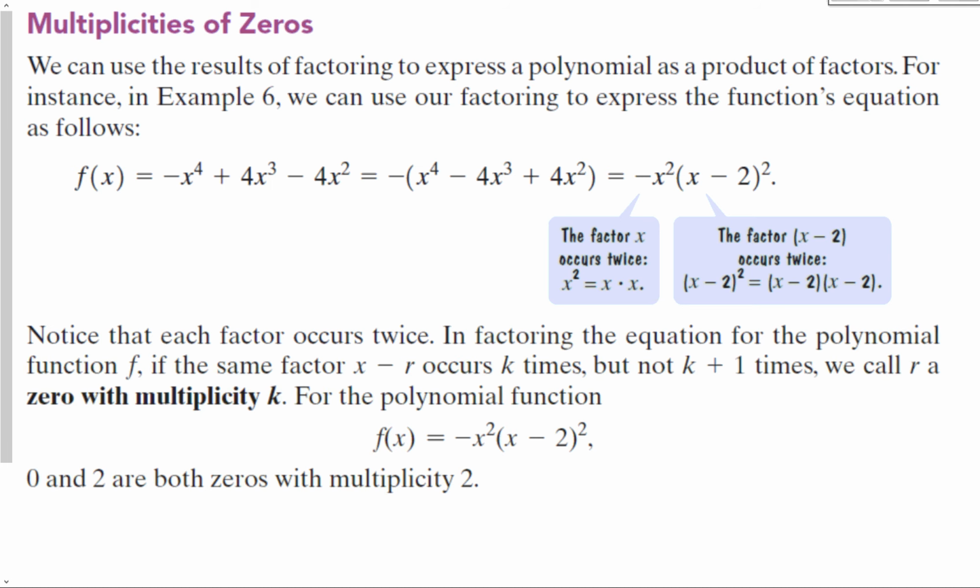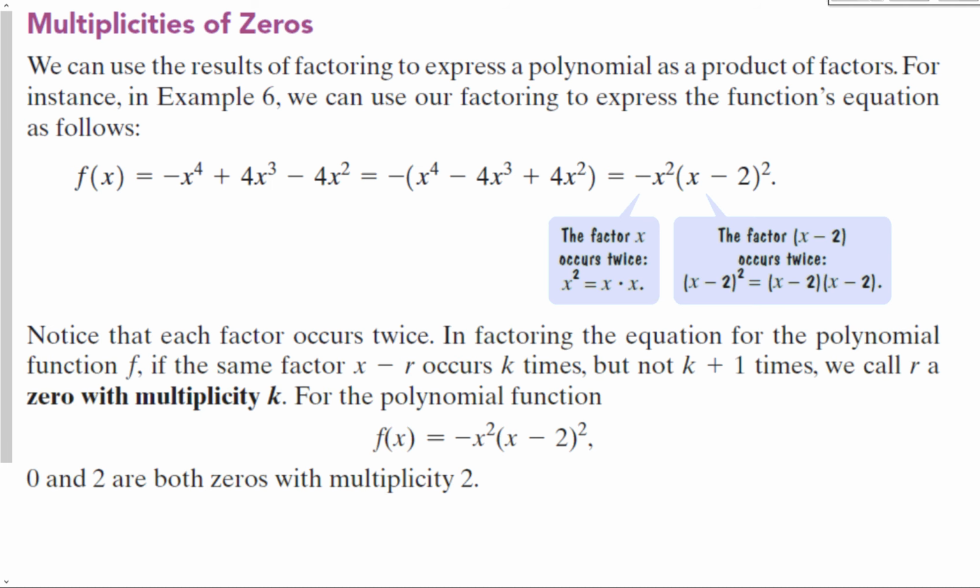So this factor, x squared, occurs twice because x times x is equal to x squared. This factor occurs twice because it's x minus 2 times x minus 2. Notice that each factor occurs twice.